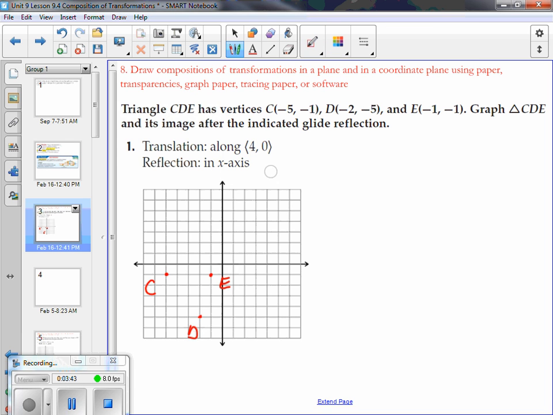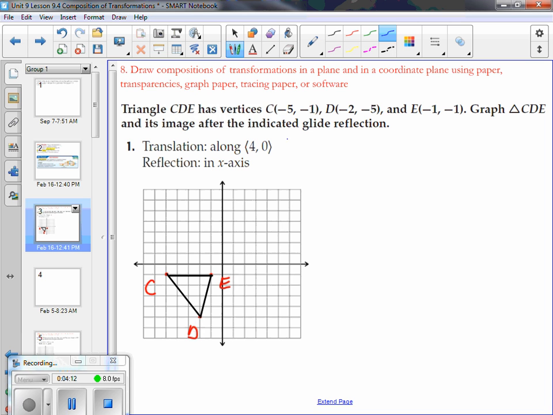Use your straight edge to connect the vertices. And there we have triangle CDE. So first we translate it along the vector 4, 0.